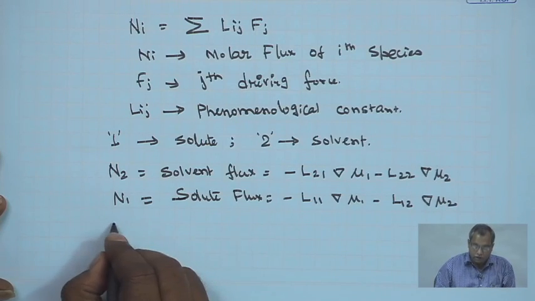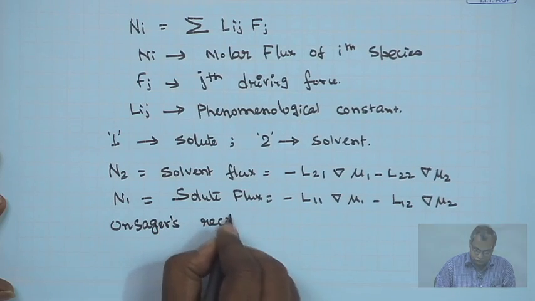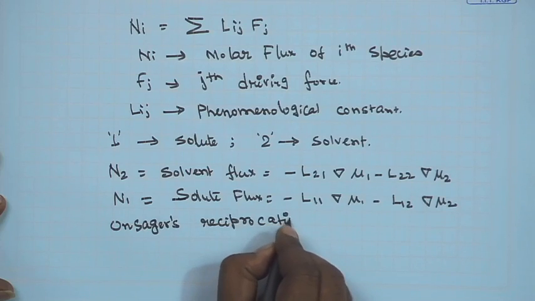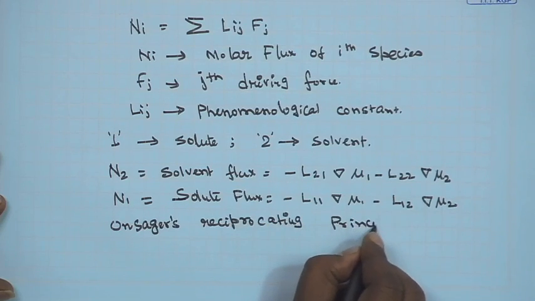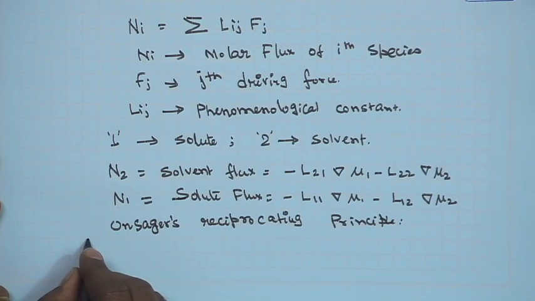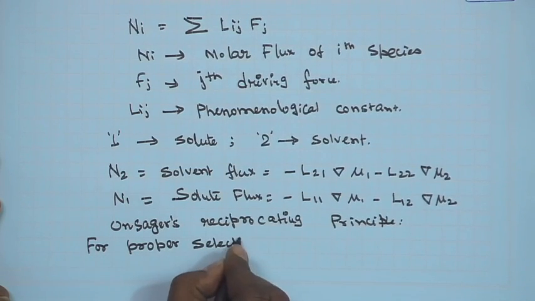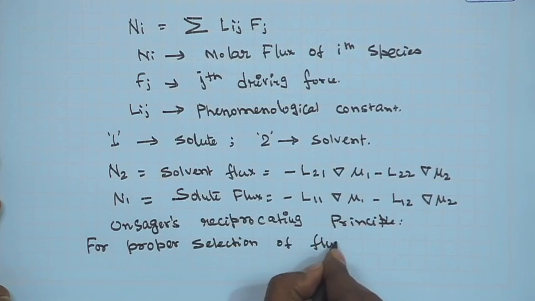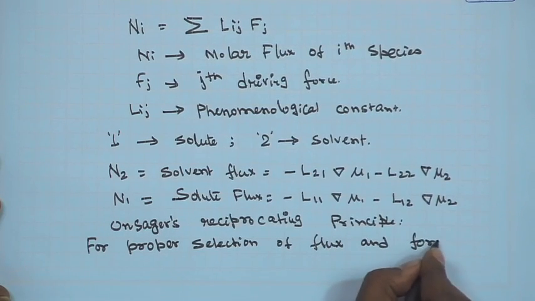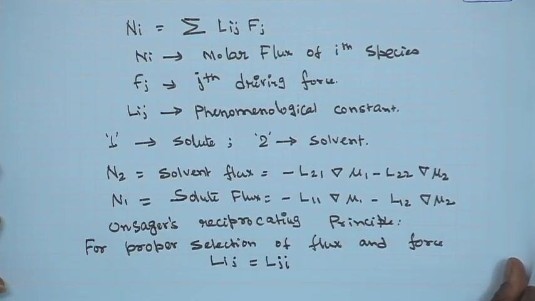Then we have something called Onsager's reciprocal principle. Here we say, if flux and forces are properly selected, L_ij will be nothing but L_ji. Then comes the concept of coupling.